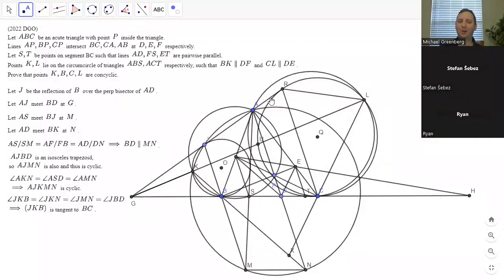Oh yeah, it's a harmonic quadrilateral. Okay. So those two triangles are the separate parts which form a harmonic quadrilateral. I mean, that is not exactly true, but yeah.